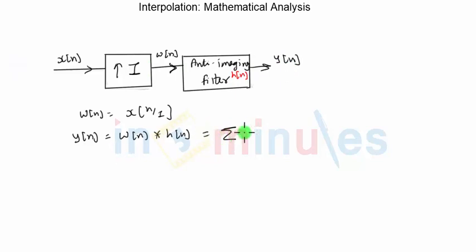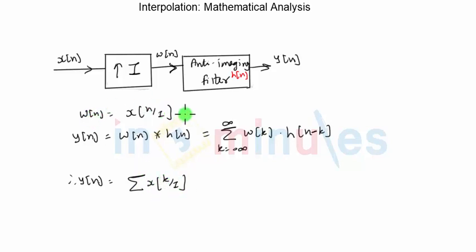As per the definition of convolution, this is summation w of k into h of n minus k, where k will vary from minus infinity to plus infinity. Therefore y of n will become summation of w of k, which is x of k by I, because w of n is x of n by I, and k will vary from minus infinity to infinity, multiplied by h of n minus k.